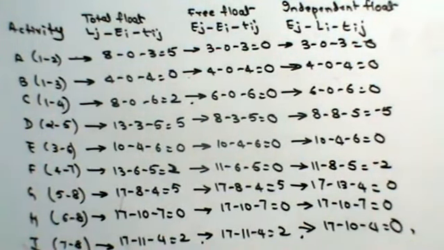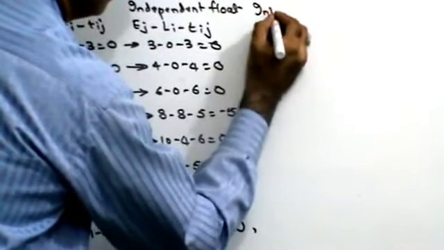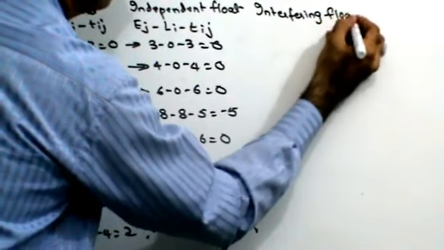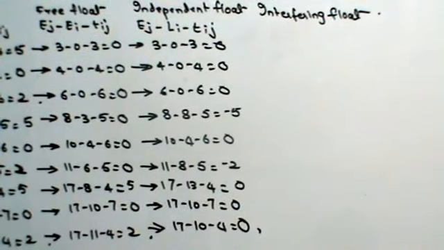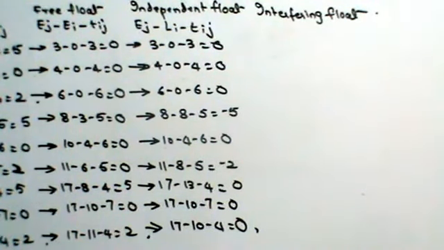The last thing that you have to find out is interfering float. What do we understand by interfering float? Interfering float is a part of the total float which reduces the float of subsequent activity.